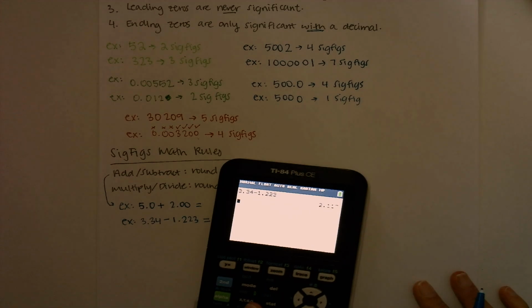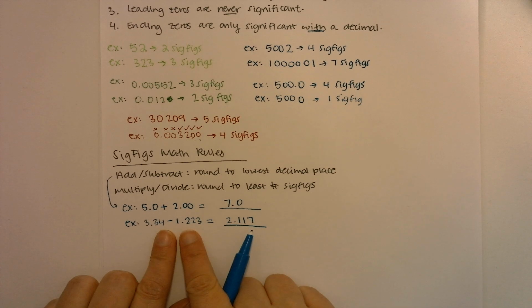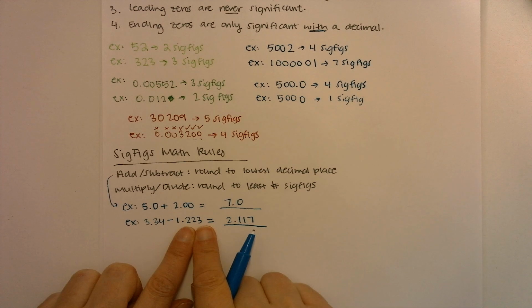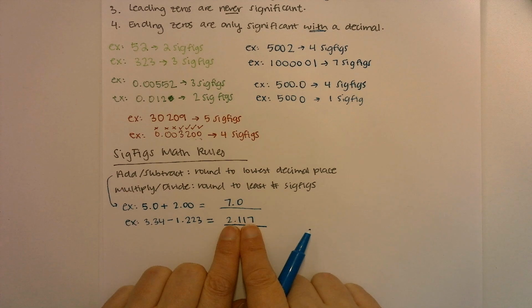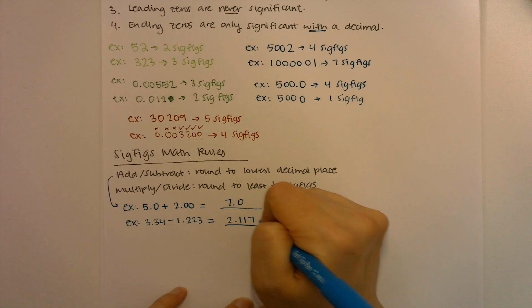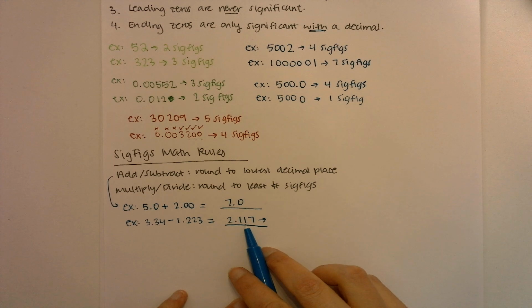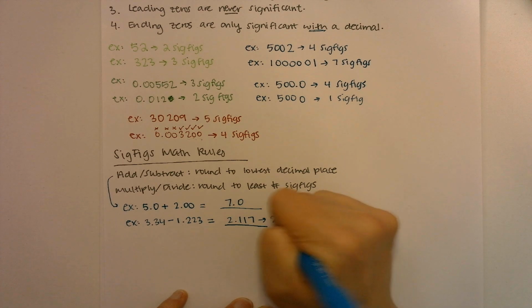Then you look at how to round this. The 3.34 is in its hundredths place, and the 1.223 has three decimal places, so thousandths place. Since the hundredths place is the lowest decimal place, I would want the 2.117 put into two decimal places. You look at the digit right after that. Do I round up or round down? Since it is 7, I know I would round up to 2.12.